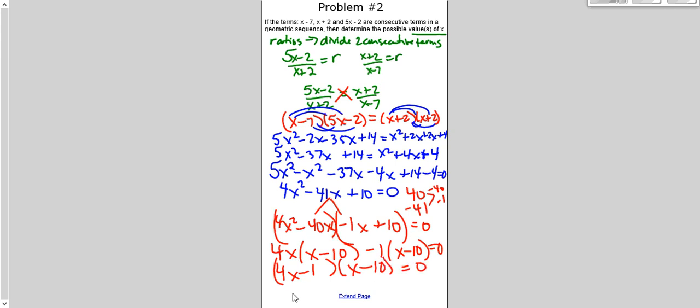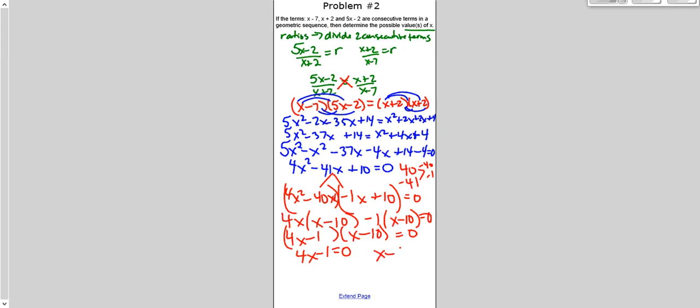All right, so we're almost there. Now you need just to take each set of brackets and set them equal to 0 to solve for x. So that negative 1 will go to the other side, become a positive 1, divide by 4, divide by 4. So x is equal to 1/4. Or on this side, I'm going to add 10 to each side. x equals 10.